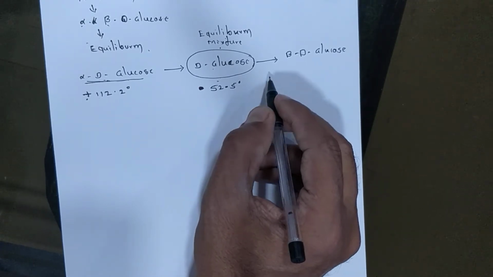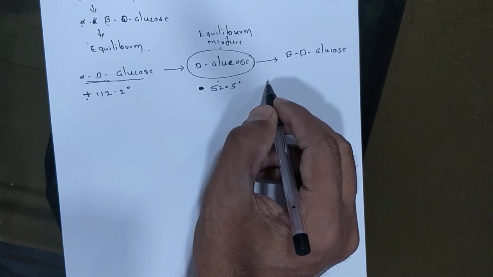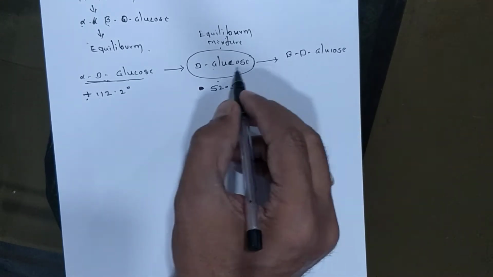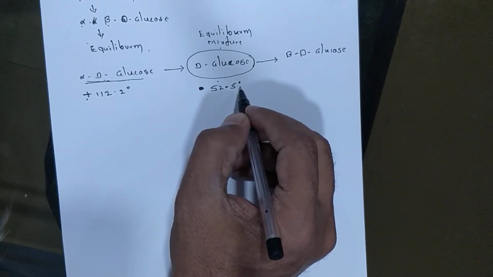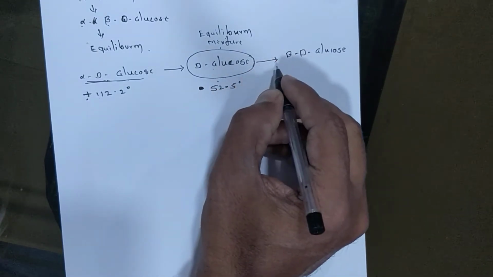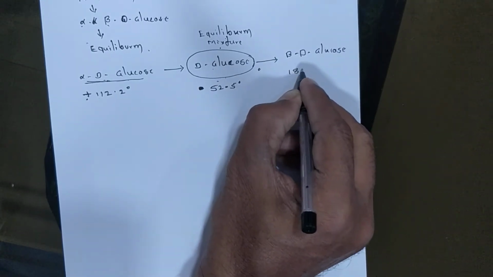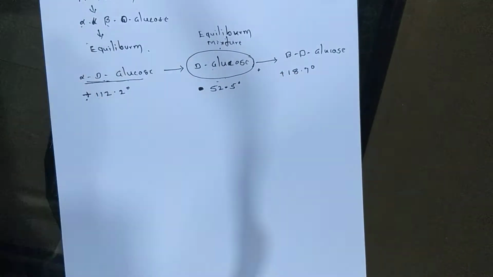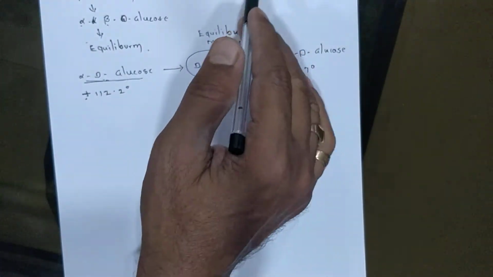Then, in the presence of alkali, the specific optical rotation decreases rapidly. At equilibrium it is 52.5 degrees, and the specific optical rotation gradually decreases in the presence of alkali. Now where? In the presence of alkali. Now it decreases to 18.7 degrees. Now this is called mutarotation. Now see, what is mutarotation? Change in the specific optical rotation.